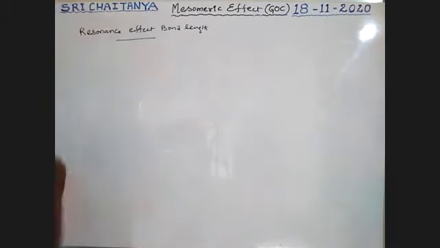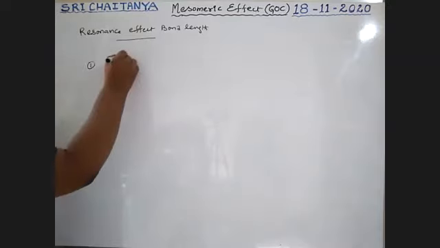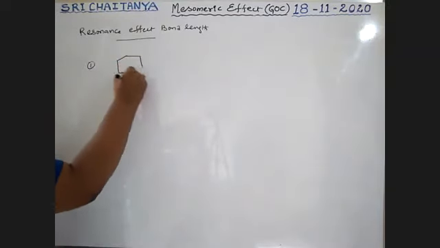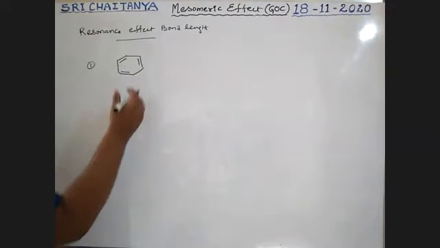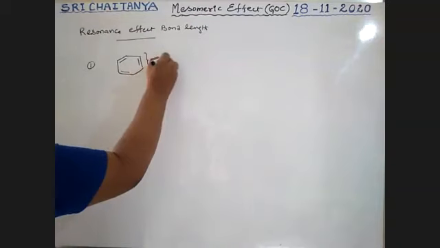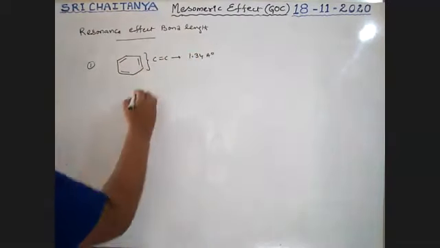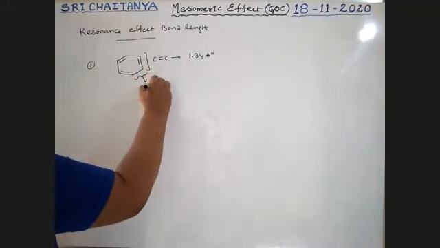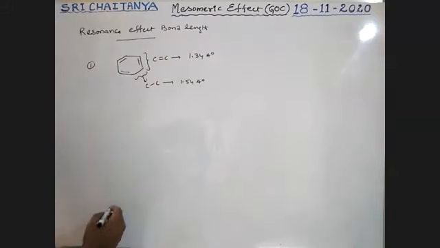See here the example, boys. First one, benzene ring. See here, boys. C double bond C length is 1.34 angstroms. C single bond C, its length is 1.54 angstroms.